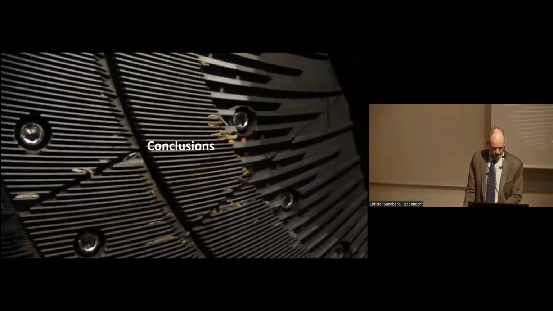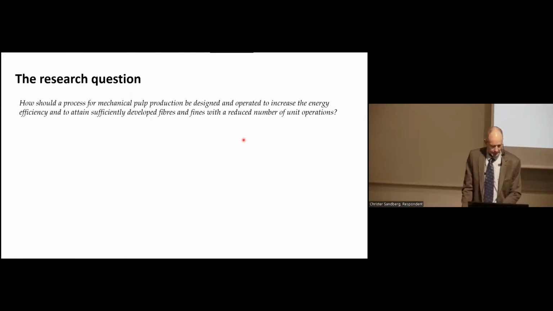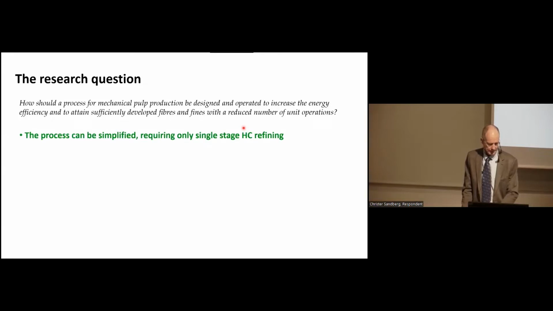So finally, conclusions. Back to the research question. Yes, the process can be simplified. And it requires only single stage high consistency refining, followed by a little bit more, if you want, LC refining.